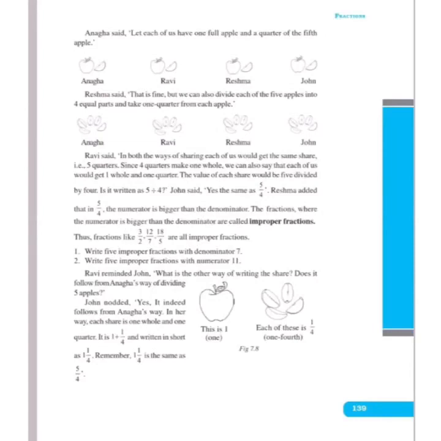Here, if we consider the first situation, in which all the friends get 1 full apple and 1/4 from the 5th apple, then children, all the friends will have 1 and 1/4 of apple. 1 and 1/4 is the same as 5 upon 4.